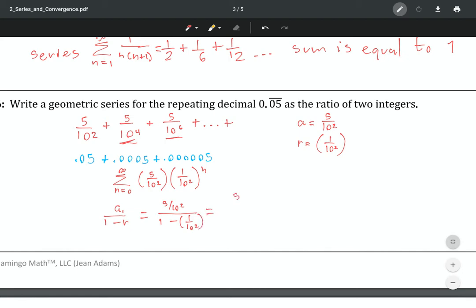So this would be 5 over 100 over 99 over 100. And if you keep, change, and flip, you'll find out that the answer is 5 over 99. So 5 over 99 is 0.05 repeating. Kind of weird, huh?